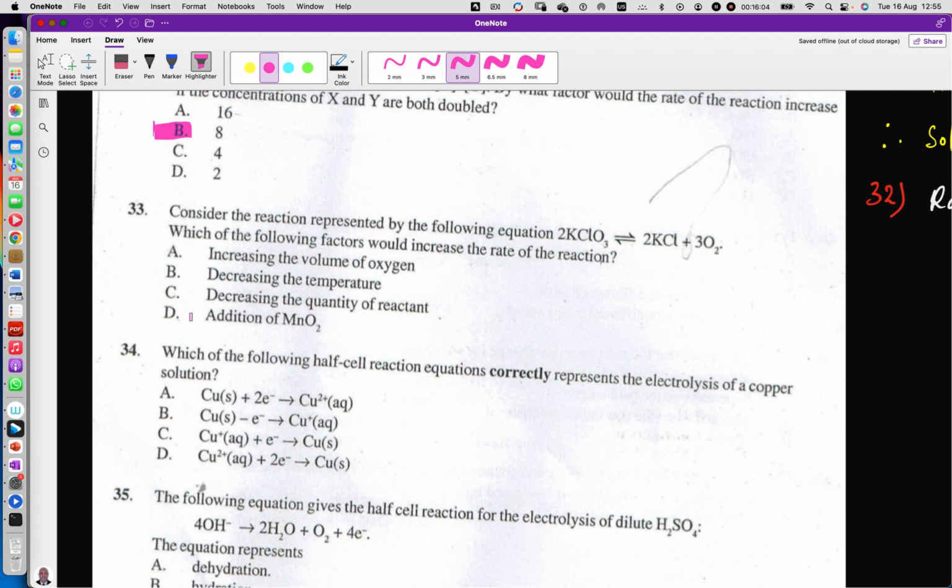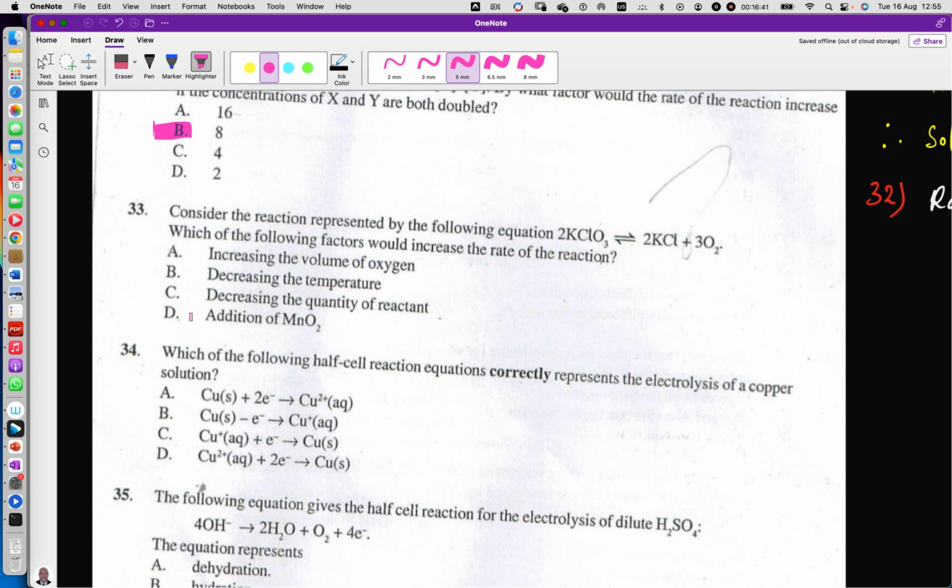A, increasing the volume of oxygen, will not increase the rate of the reaction. Decreasing the temperature will not increase the rate of a reaction. Decreasing the quantity of the reactant will not increase the rate of a reaction. Addition of manganese(IV) oxide, or manganese dioxide, is a catalyst.